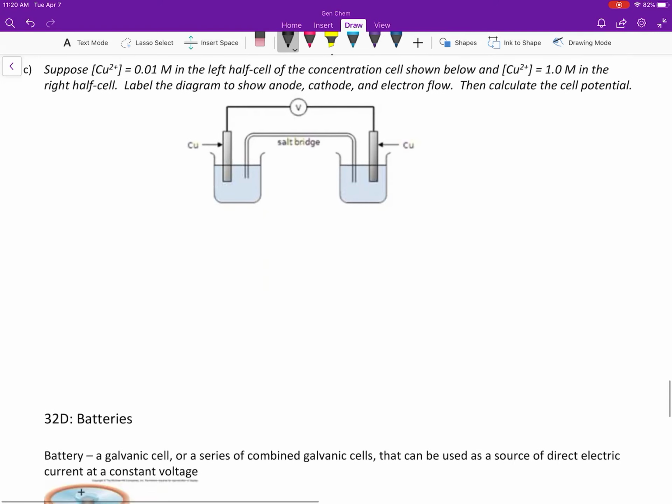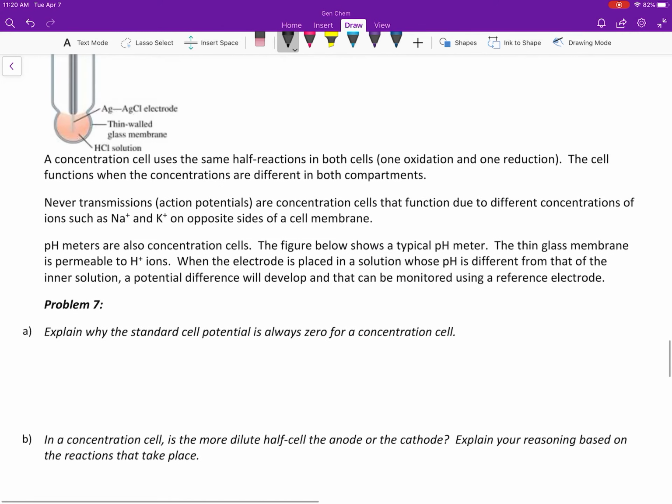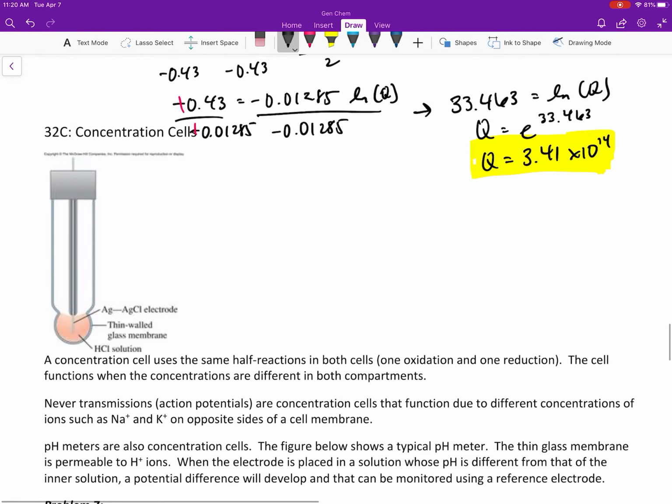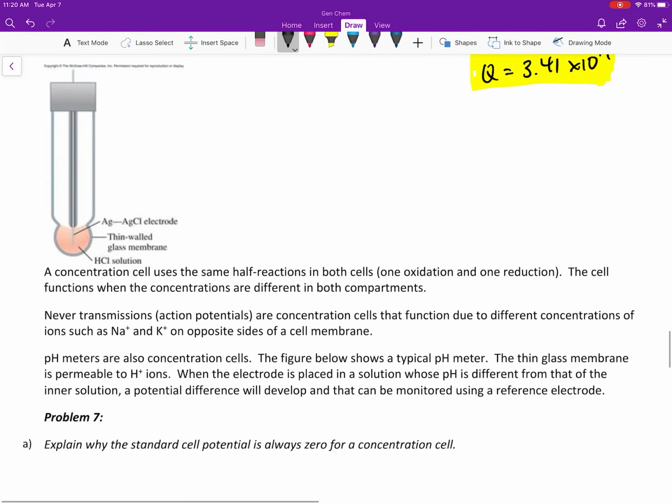Okay, so concentration cells. Let's go ahead and we'll do concentration cells and then we will stop. So a concentration cell is going to use the same half reactions in both cells, so one oxidation and one reduction. The cell will function when the concentrations are different. So it's kind of like a concentration gradient.